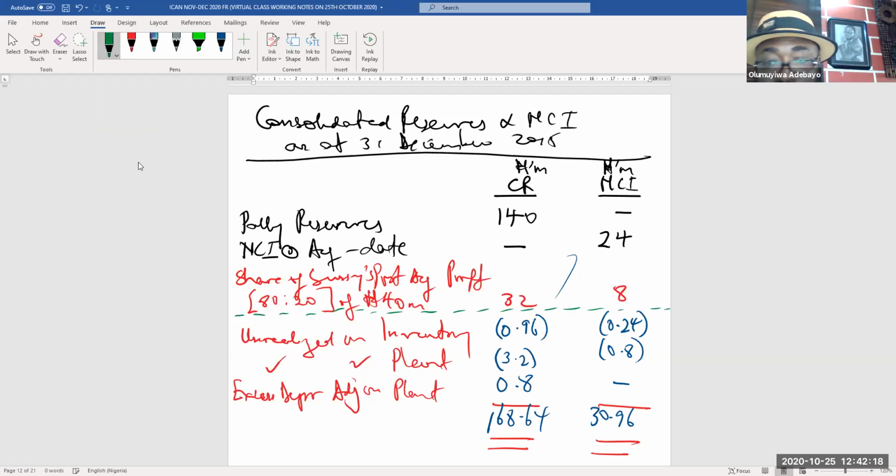Which means it's like an opposite, depending on who is selling to whom. Is it an upstream or downstream transaction? You see that here, for unrealized profit on inventory, we are sharing it to both parent and NCI, even for plants, but asset depreciation is only parent.